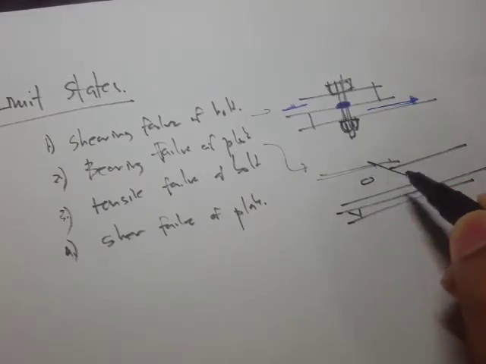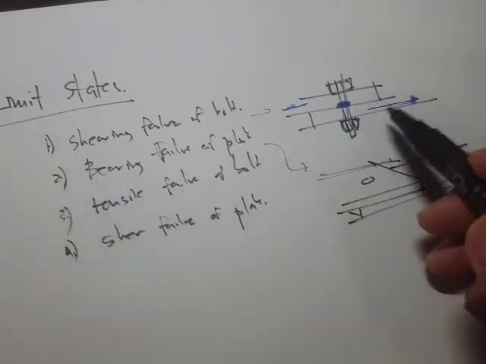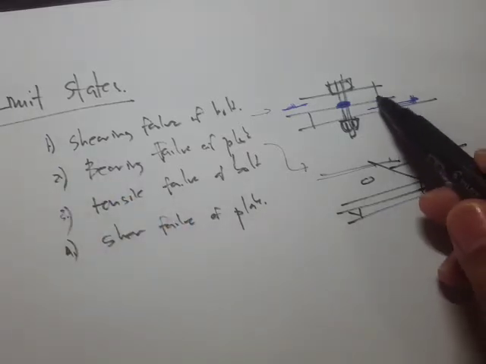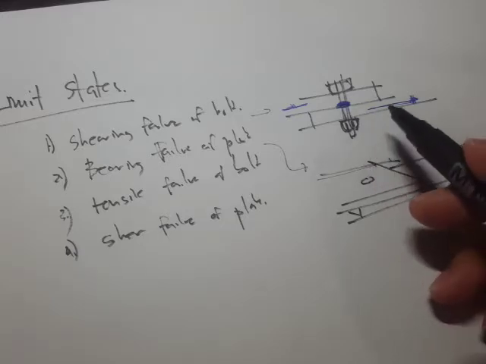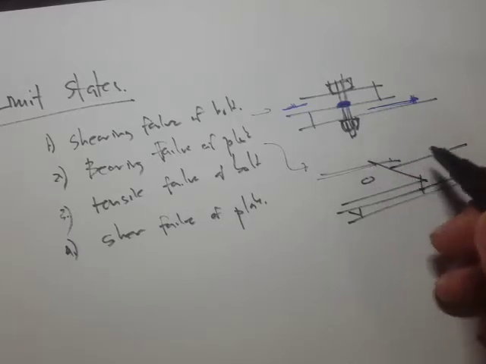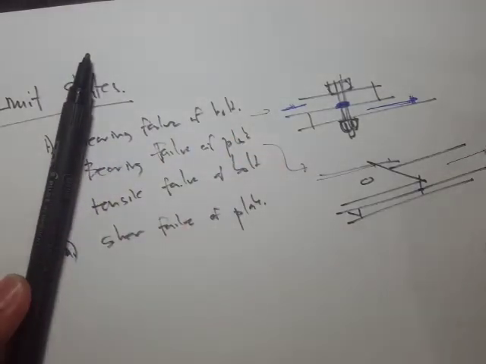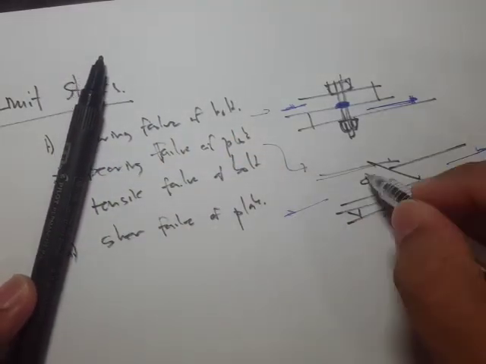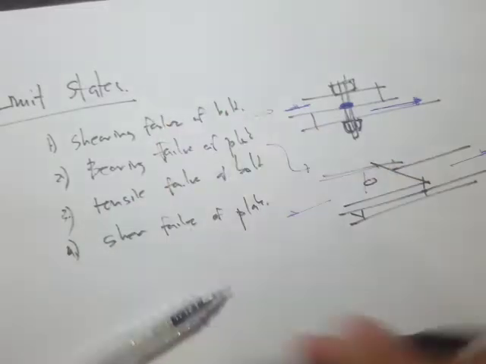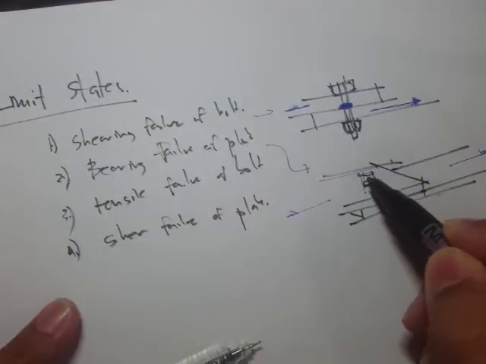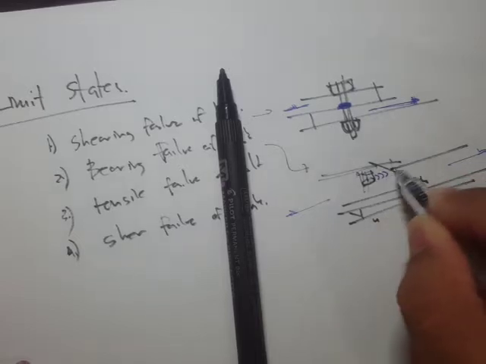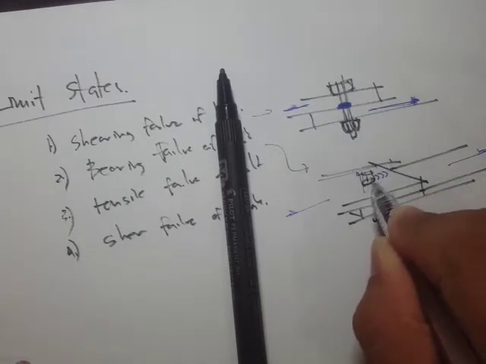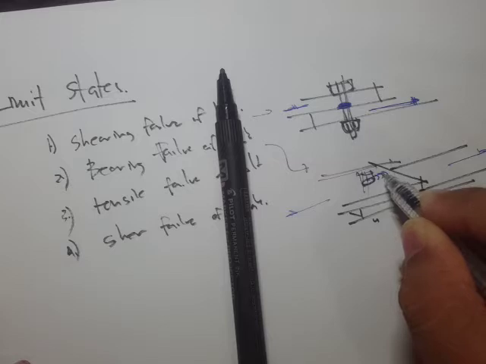What if in this connection we have a weaker plate and the bolt is strong enough? Then when you apply the loads, the bolt will actually push this plate in this direction.